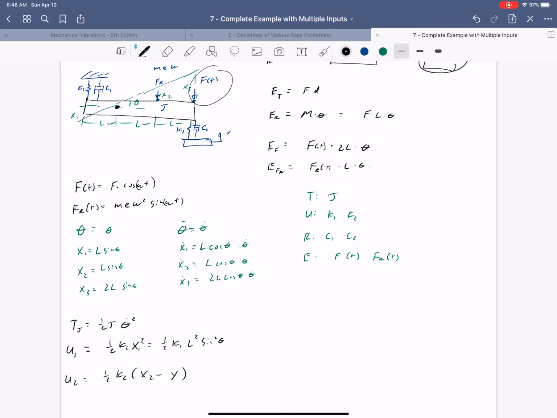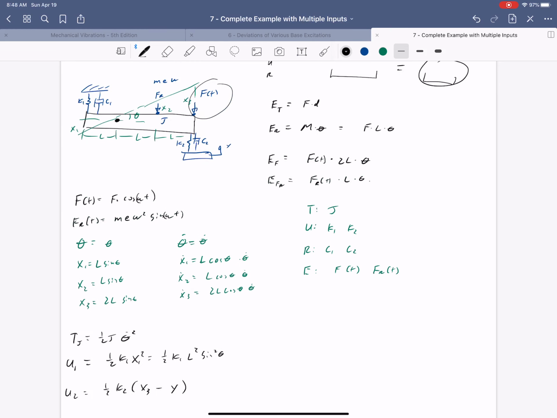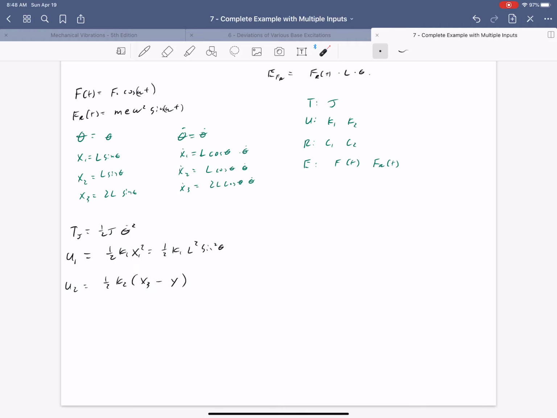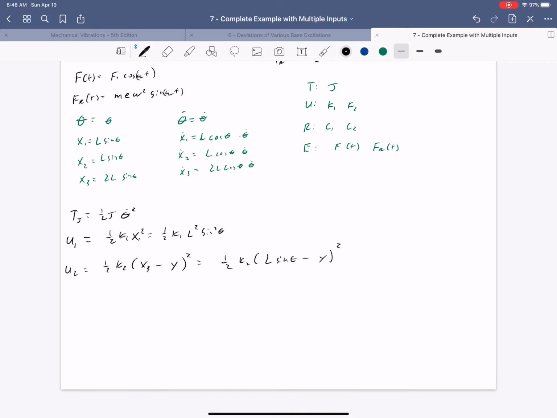Rookie mistake. That's this displacement minus this displacement, and don't forget to square that. So it equals 1/2 k2 times L sine theta minus y squared.